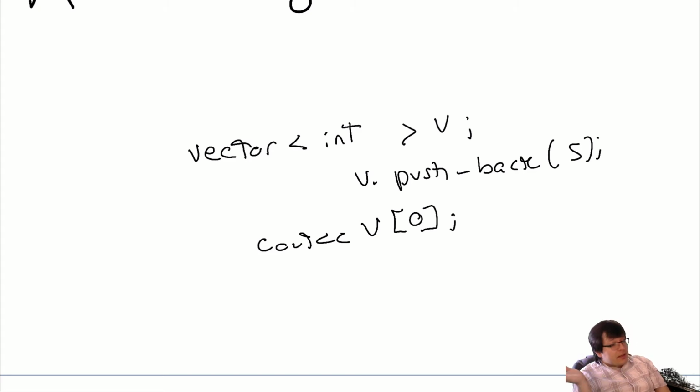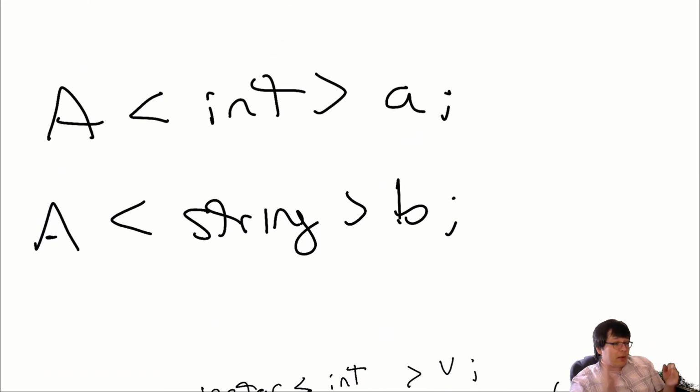Every time you were declaring vectors, I told you to just accept these signs as a fact of life. Now you know why: it's template syntax. You've been using templates probably since 135 and just didn't know about it. So that's where that syntax comes from. Like I said, we're making our own vector classes pretty soon.